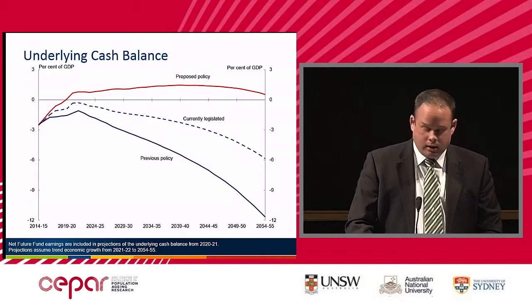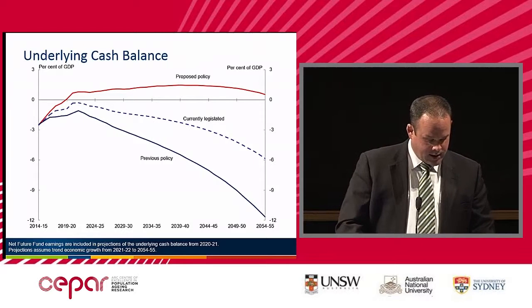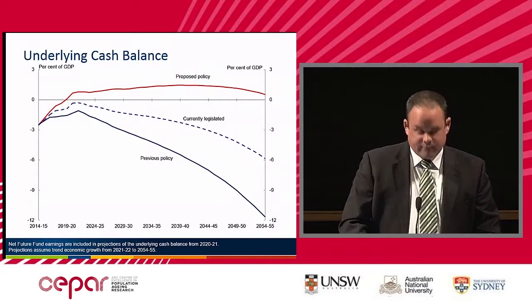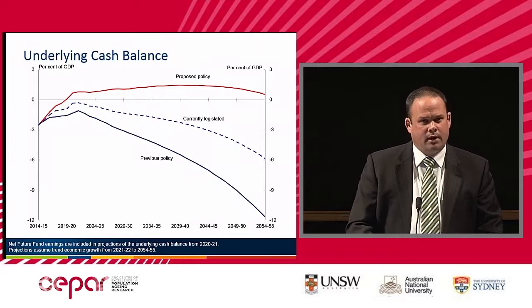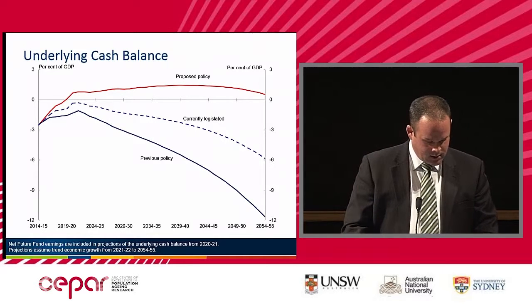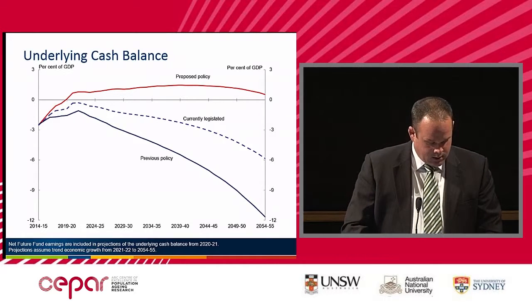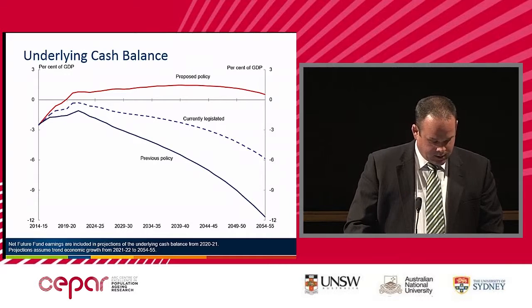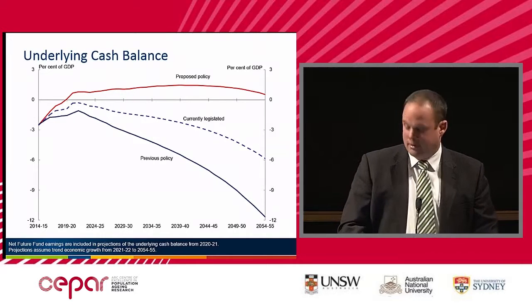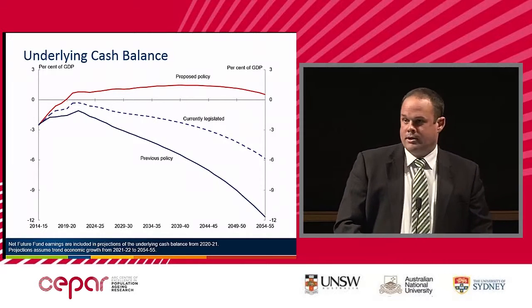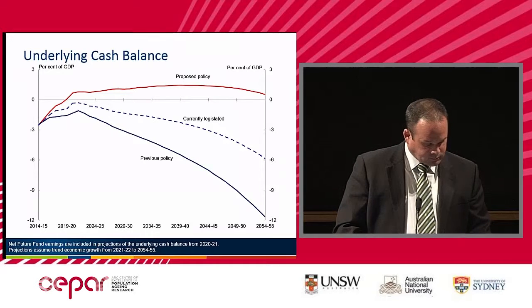Now, obviously, in the context of this IGR, there were a range of measures that had not been implemented by the time of MYEFO last year, but which remained government policy. And so the second line that we have there, the currently legislated line, gives you a sense of the significance from a fiscal sustainability perspective of the range of measures that were outstanding.